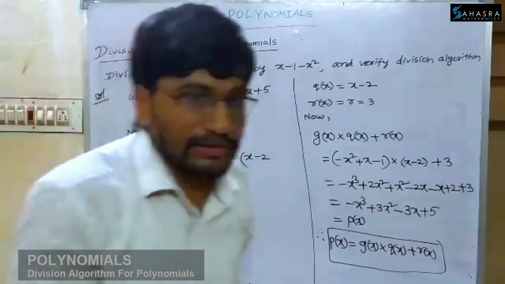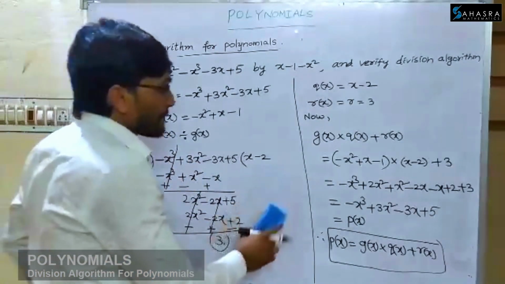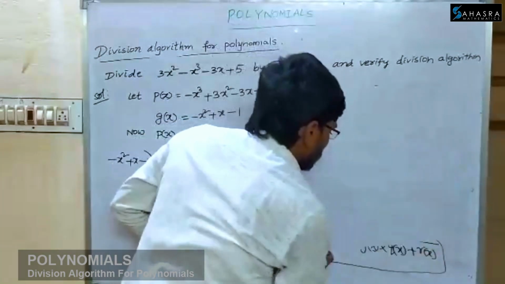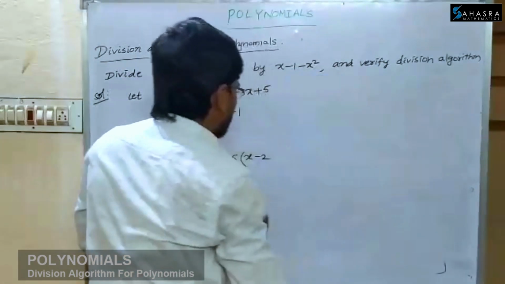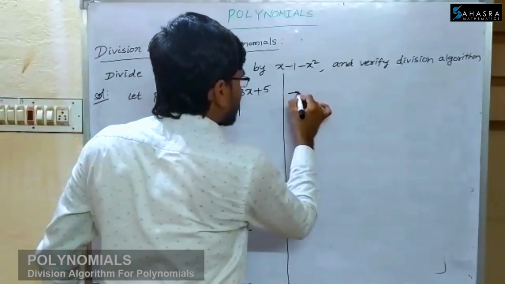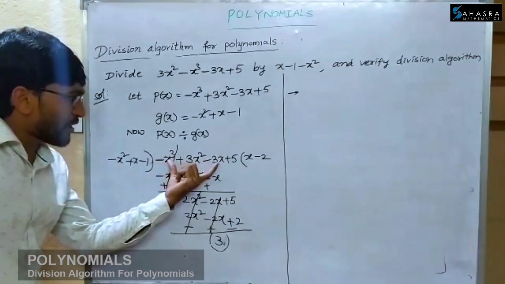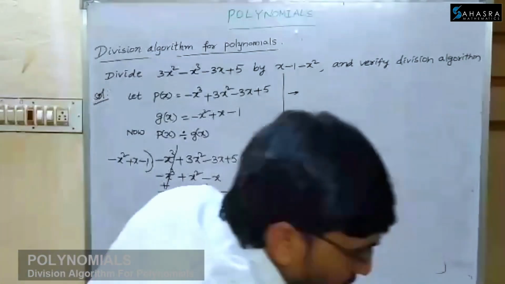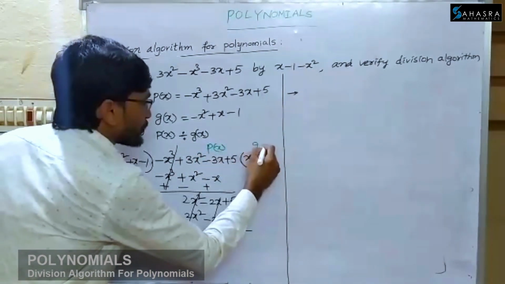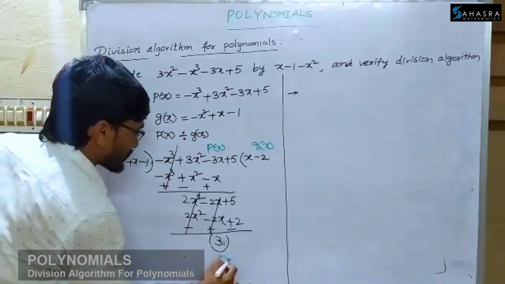So from this we can write some important points. See, the first point: here this is p of x, it is q of x, it is g of x, it is r of x.